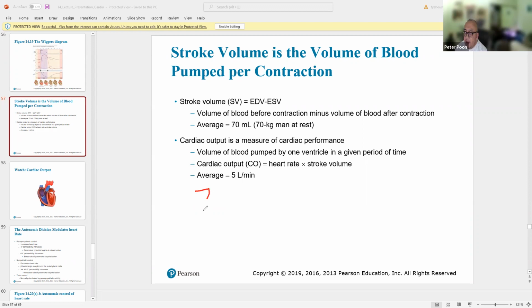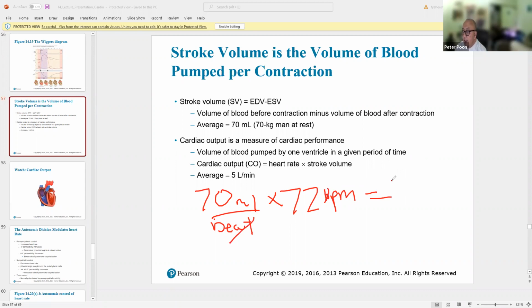On average, you pump 70 milliliters per beat, and on average the heart rate is 72 beats per minute. So that cancels with that.